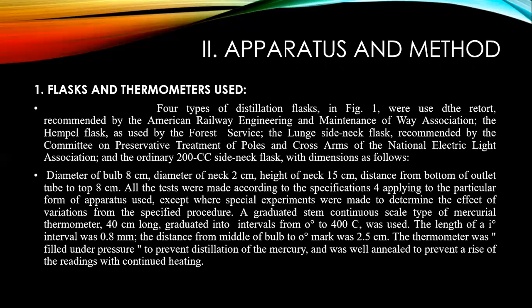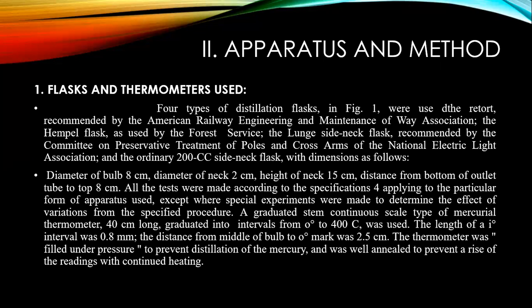The long side neck flasks recommended by the Committee on Preservative Treatment of Poles and Cross Arms of the National Electric Light Association, and the ordinary 200cc side neck flasks. Their dimensions are as follows: diameter of ball 8 centimeters, diameter of neck 2 centimeters, height of neck 50 centimeters, distance from water outlet tube to the top 8 centimeters.